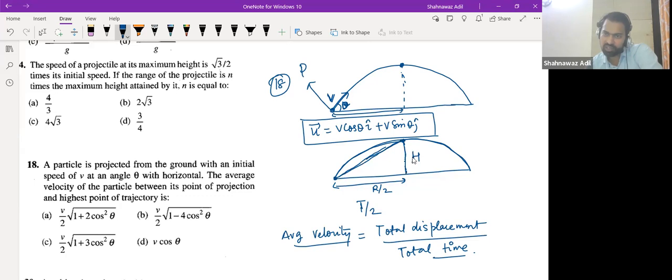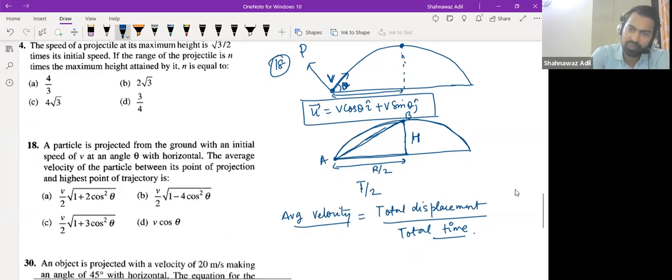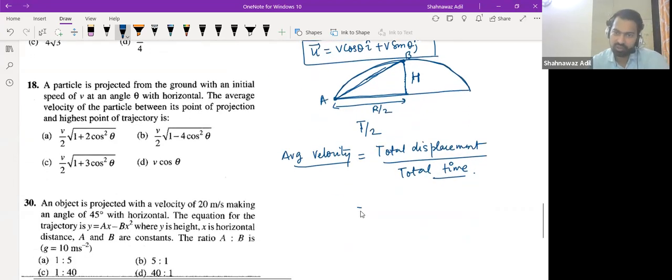This is h, and this distance is r by 2. So what would be this displacement? Let's say AB. This is H, this is R by 2. So what would be AB?